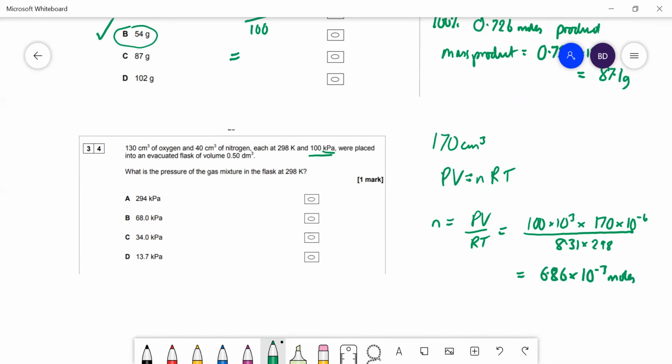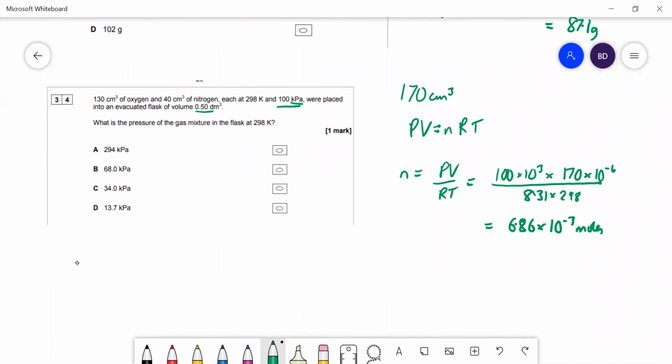Now they put it into an evacuated flask, and the volume of that flask is 0.5. So we've got to use, again, the ideal gas equation, but this time we rearrange it to get P. So P is equal to nRT over V. The number of moles is 6.86 times 10 to the minus 3, 8.31 for the gas constant, and 298 again.